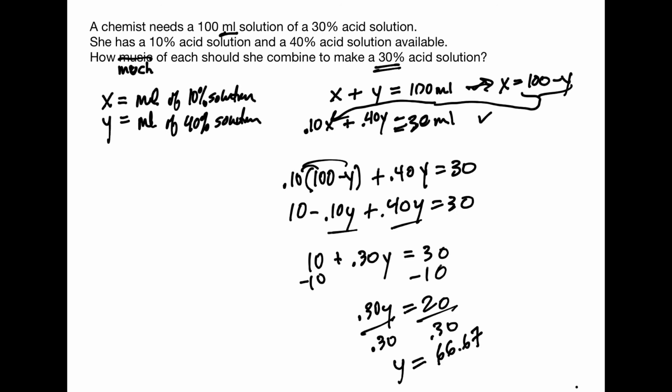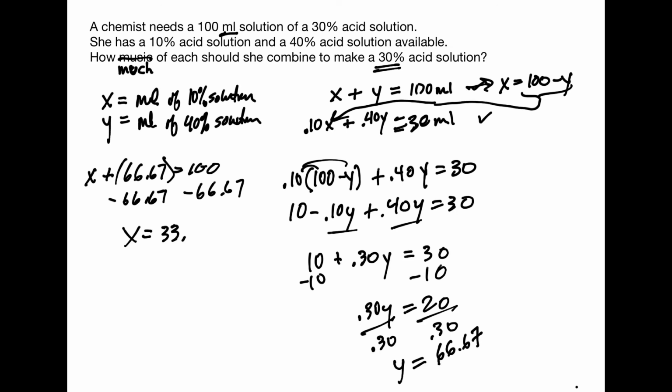So how much do I need of the other, the 10% solution? Let's go back to my original equation. I'm going to substitute this Y in for the first one, which is just a simpler one. All right, put that in there for the Y. And if I subtract 66.67 on both sides, we get X is equal to 33.33 milliliters.